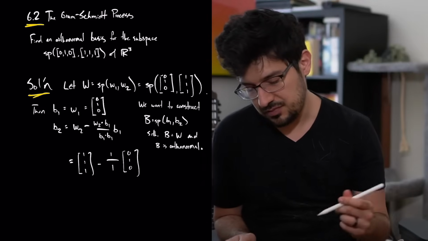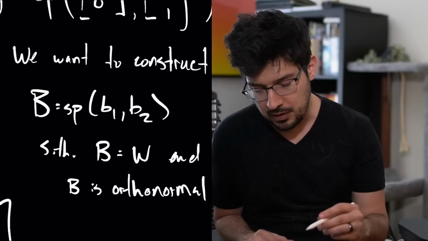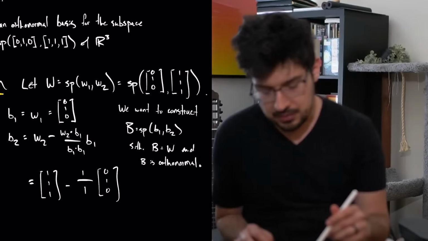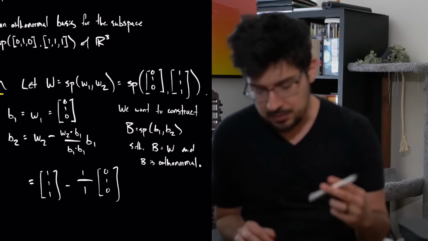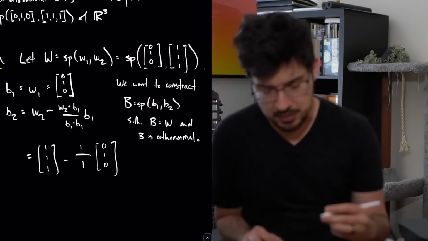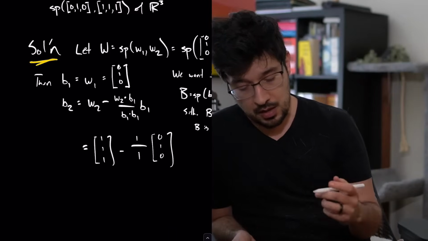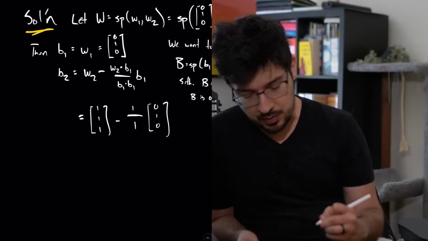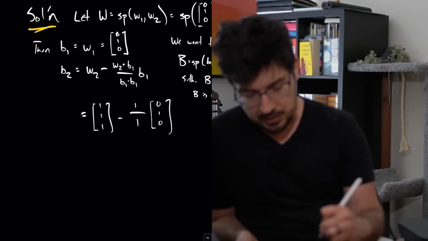So we're aiming to convert W1, W2 to B1, B2. We're close on this, but we haven't normalized necessarily.